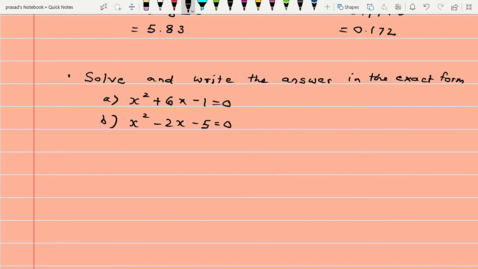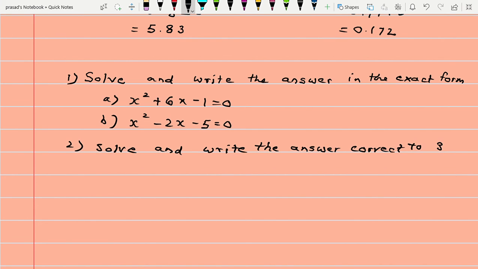Then solve and write the answer correct to three significant figures.